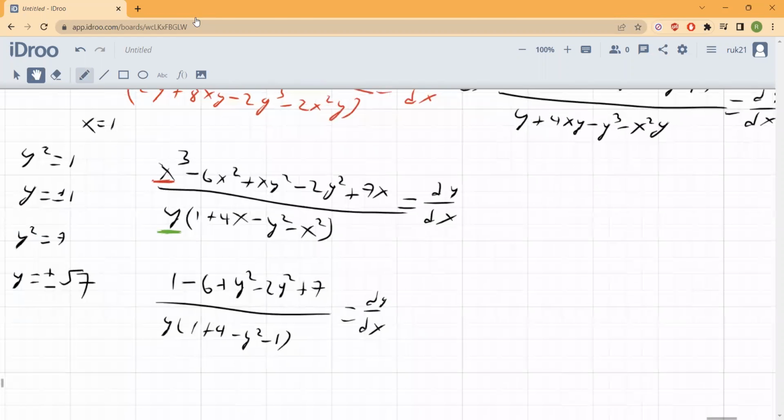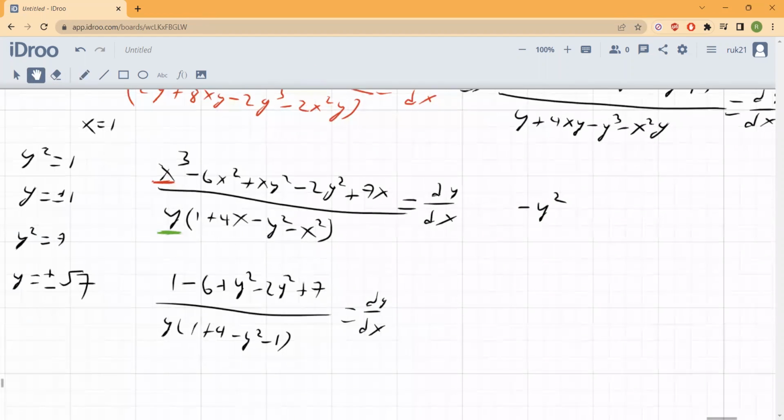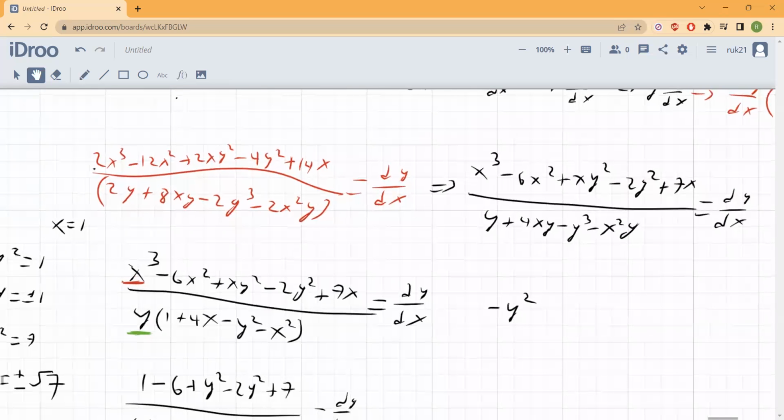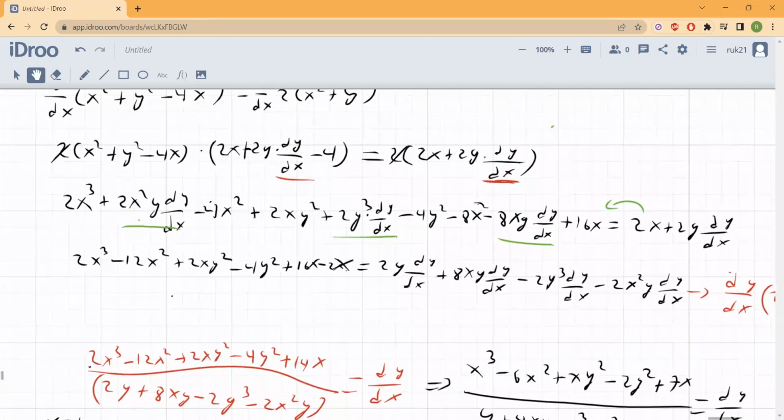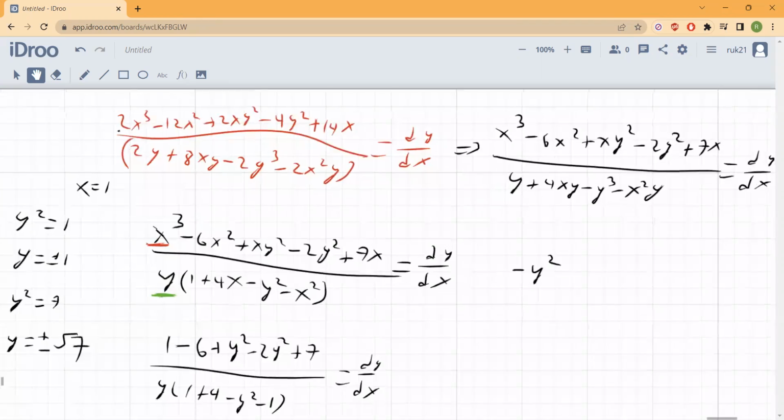Then I'll just simplify to the side, so later on we can grab it again. If we simplify, we're going to get y squared minus 2y squared is negative y squared. Sorry, I just have a feeling that I messed up somewhere. Are my negatives correct? Okay, let's hope that everything was correct.